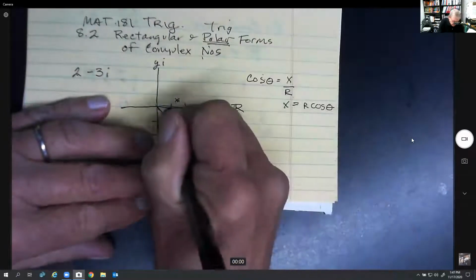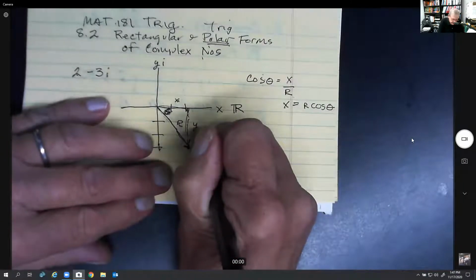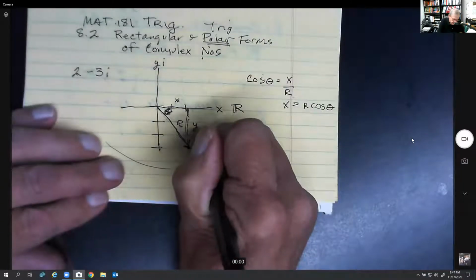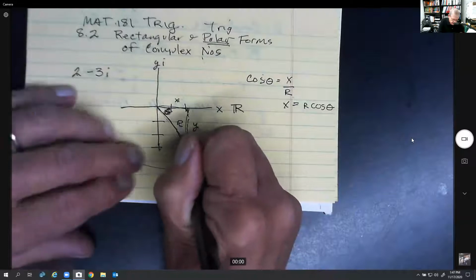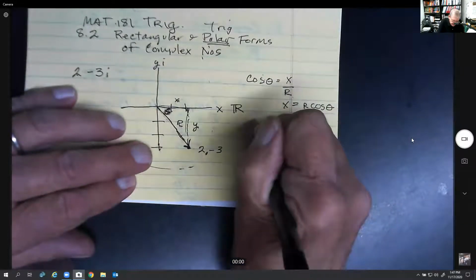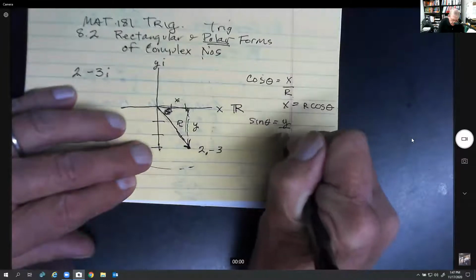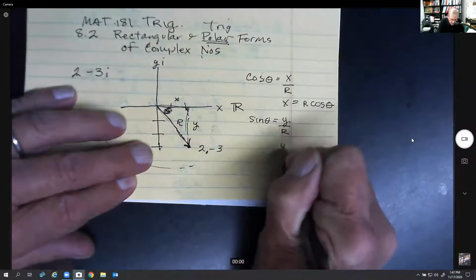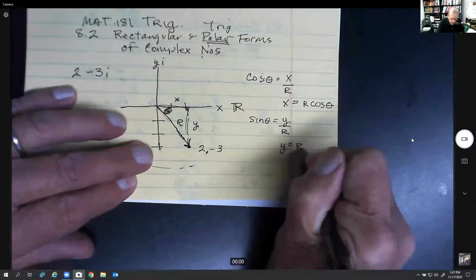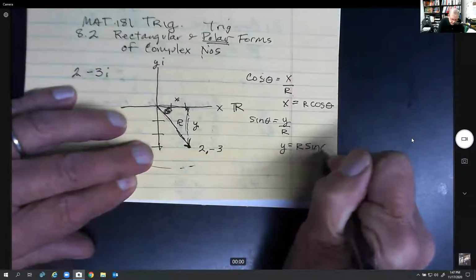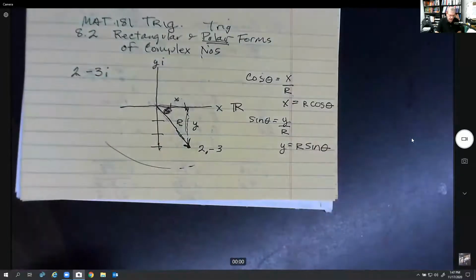And what about y? Well, a relationship with y would be, this is the opposite, and this is the hypotenuse. So sine theta equals y over r. So y would equal r sine theta. So we could rewrite them a little bit that way.